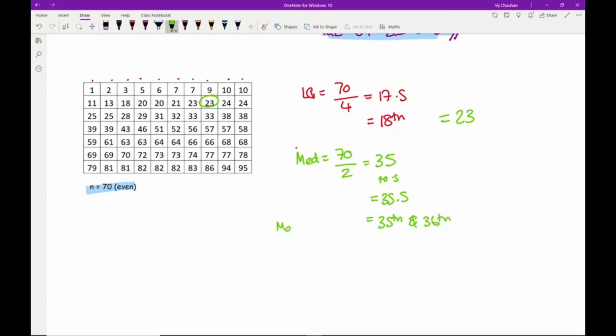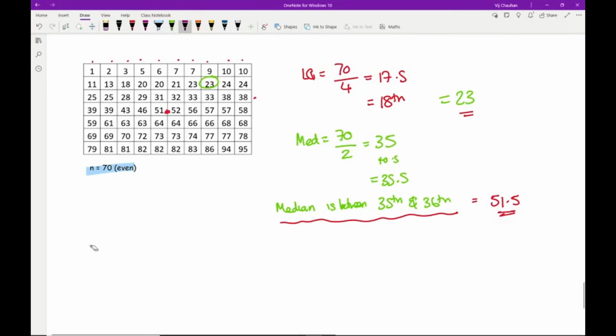So the median is between the 35th and the 36th number. So here we've got 30. So looking at my 35th and 36th number, it's going to be between these two here, which gives me an answer of 51.5.